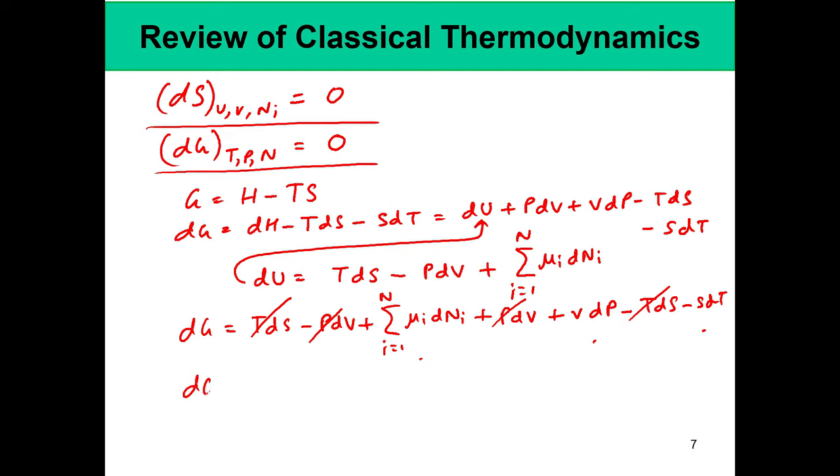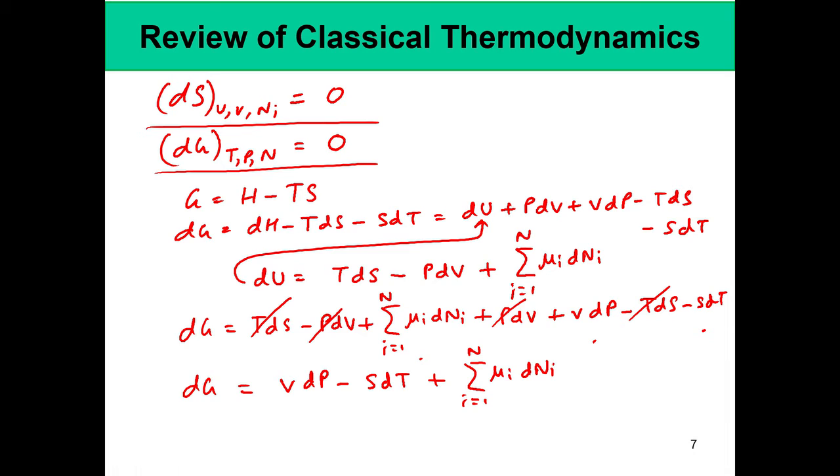So, we get dG is equal to VdP minus SdT plus summation i equals 1 to n of mu_i dn_i, right.